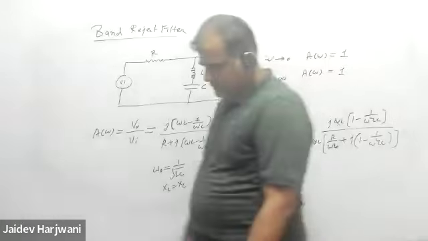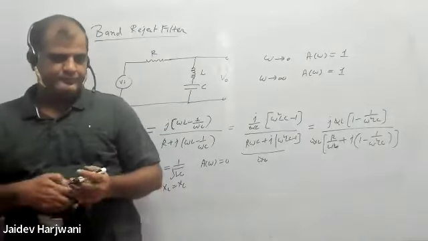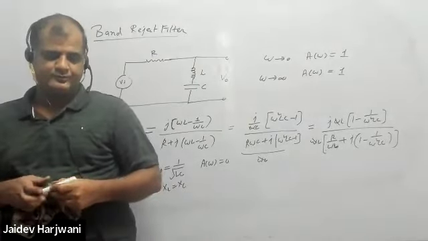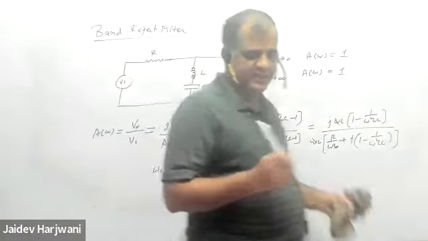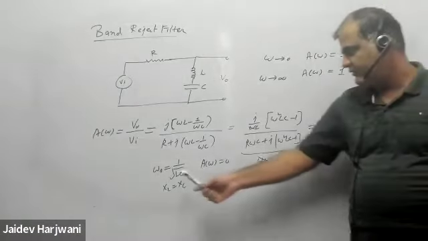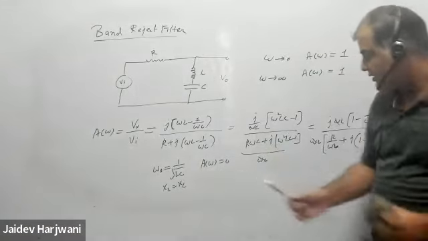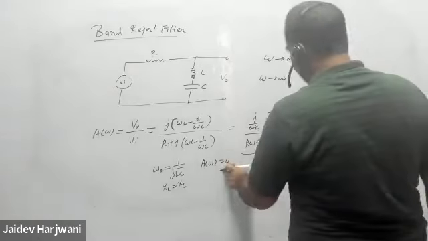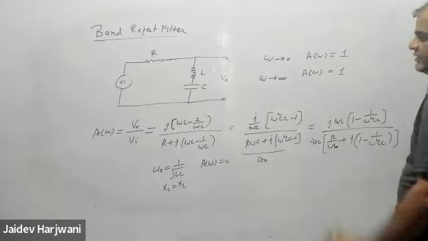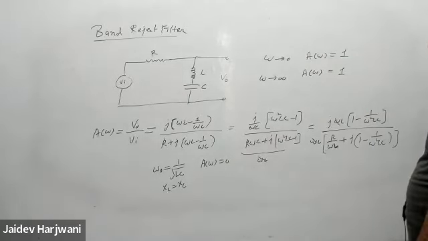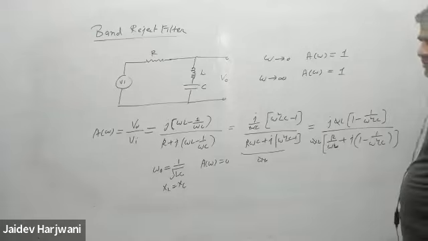So at a particular frequency the gain is approaching 0, and at all other places it is 1. Okay, now let me plot the graph.